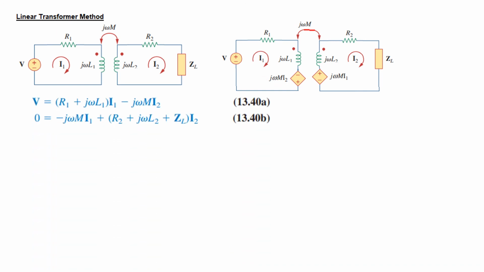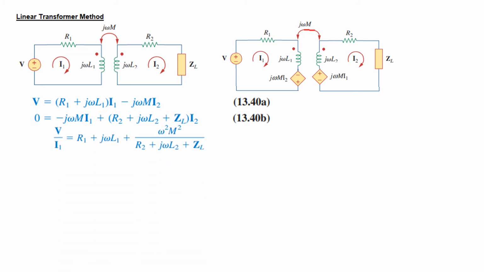From here we can write the voltage equation for loop 1: (R1 plus j omega L1) times I1, and this voltage with the minus sign, and similarly on the other side, minus j omega M I1 with all these three terms, as we did in the previous slide. And from here again we'll calculate the value of I2 and put it in this one to get everything in terms of I1.